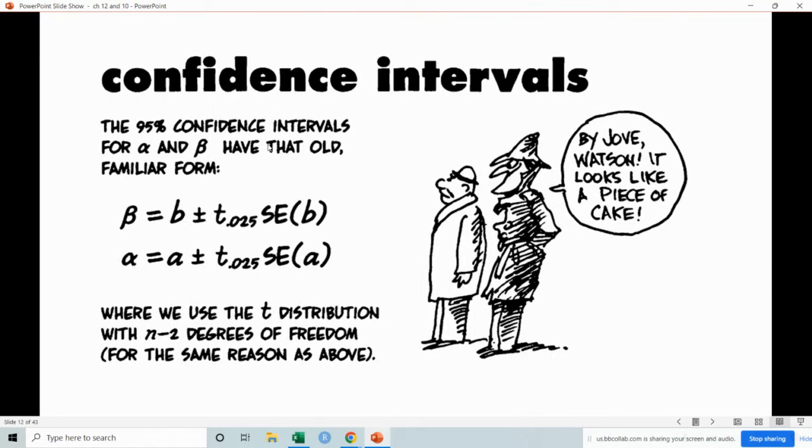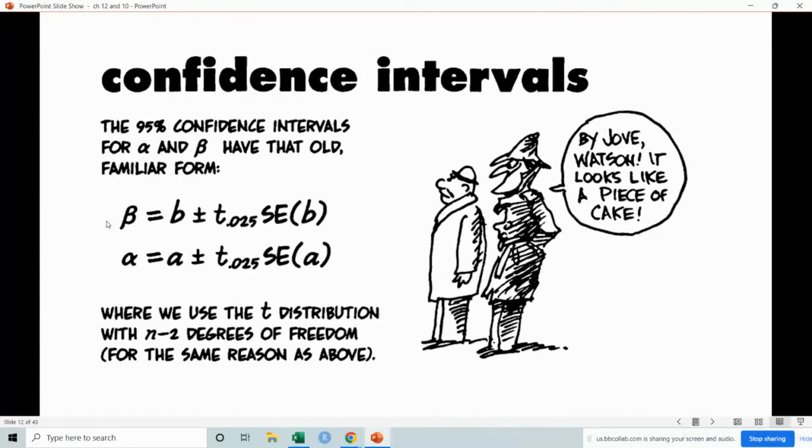For confidence intervals, we're going to compute a 95% confidence interval for alpha and beta. They have the familiar form: beta equals our point estimate b plus or minus the t-value. It's 95%, so alpha 0.05 divided by 2 gives us 0.025. We look that up on our t-value chart, and then multiply that times the standard error of b, and that gives us the confidence interval. It's the same way we find a confidence interval in general.